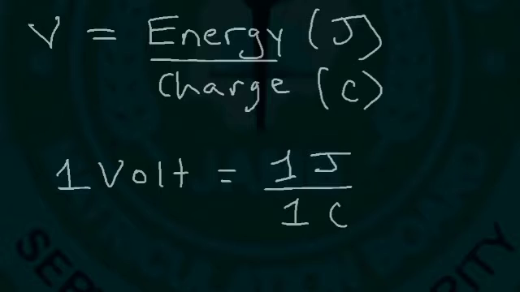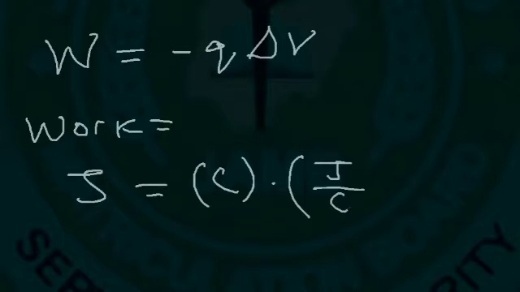Now in physics, you might have seen this equation. W is equal to negative Q delta V. W represents work. So work is equal to charge times the change in voltage. Work is measured in joules. Q is measured in coulombs, that's the charge, and voltage is joules over coulombs.